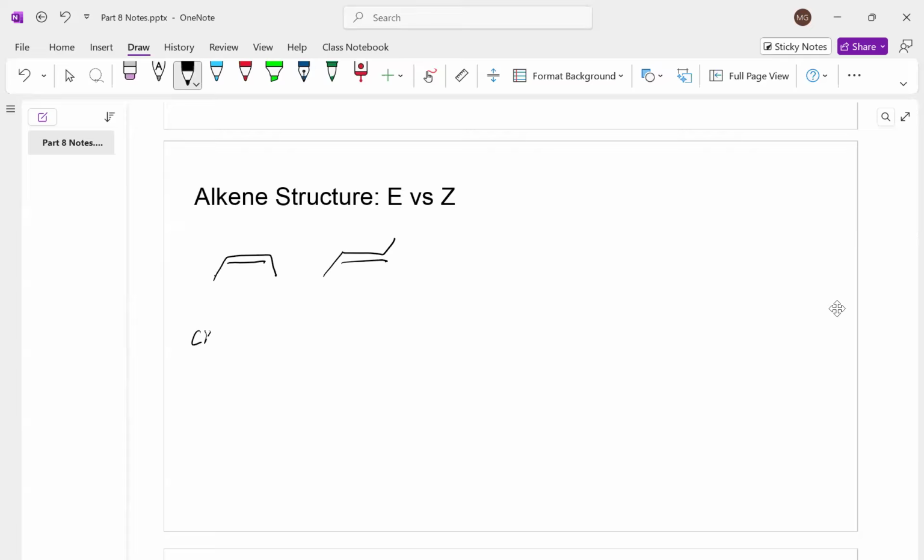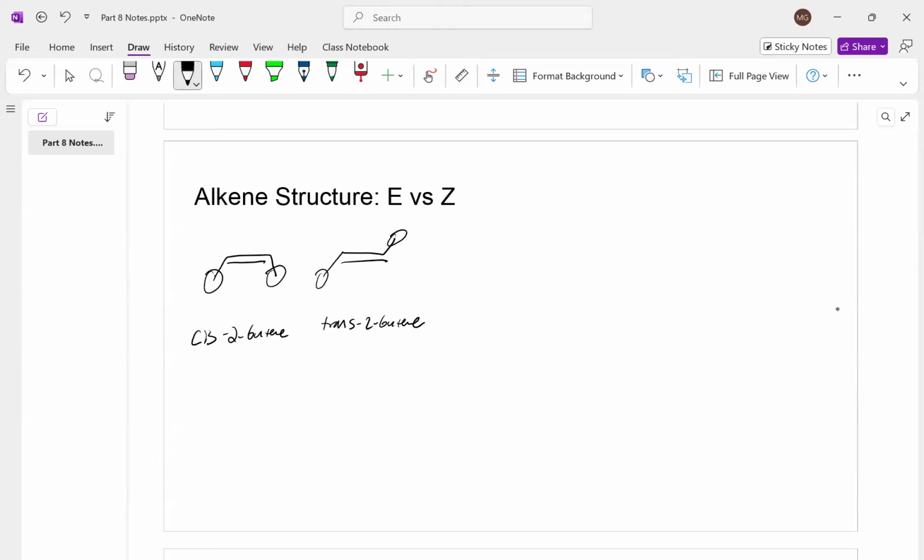So this here is cis 2-butene, and this is trans 2-butene, because the carbon groups on either side of the double bond can be going in the same direction, or they could be going in the opposite direction.